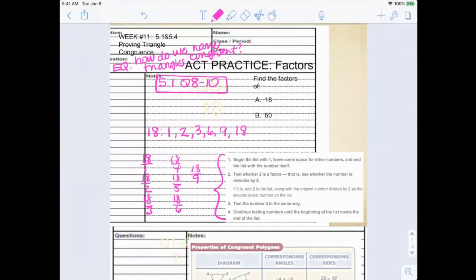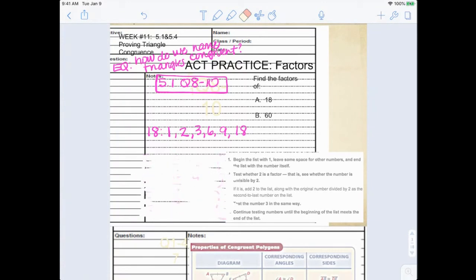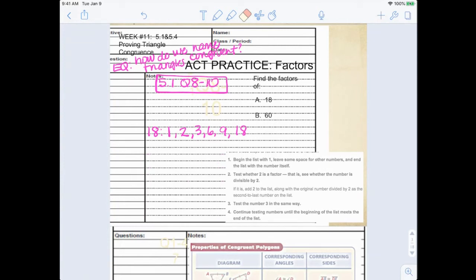Another option is just to find your pairs that multiply together to give you the 18. It's going to give you your list of factors. But again, a factor is just a number that divides out evenly as a whole number out of our given. So again, if I'm thinking pairs, I think 1 times 18 is 18. 2 times 9 is 18. 3 times 6 is 18.